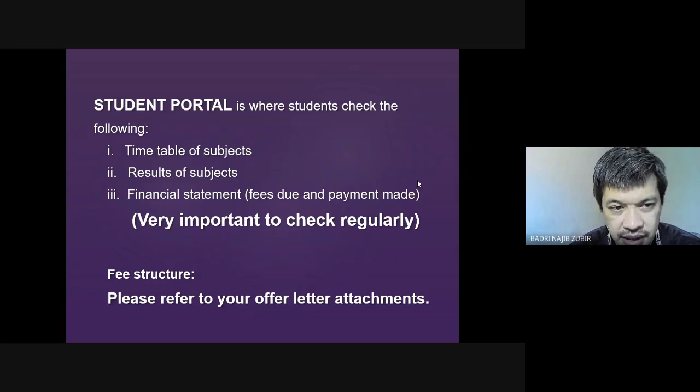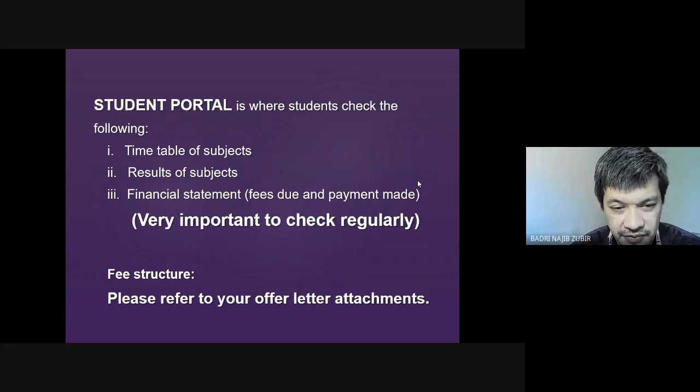Number 3 in the student portal, which is very, very important also, is the financial statement. So the financial statement is very, very important for you to check regularly. Now, for example, in school, you don't take care of checking the financial statement because your parents will be doing that. But now it's different. You are in the foundation program. It is a higher education.